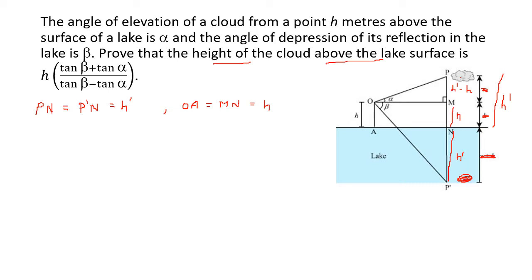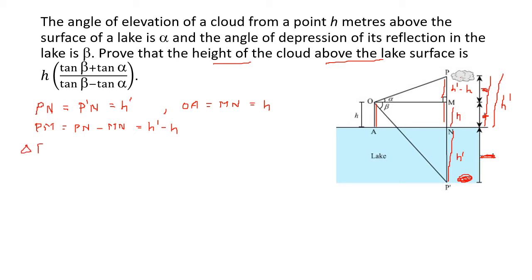So you can see what I have done. I have taken this Pn, the whole thing as h prime, and this is equal to this, so it is equal to h. So Pm is equal to what? We have Pm equal to Pn minus Mn equal to h prime minus h. Okay, and now we can begin the sum.